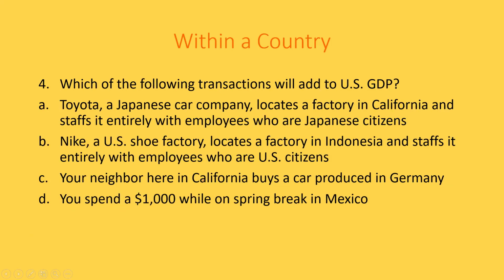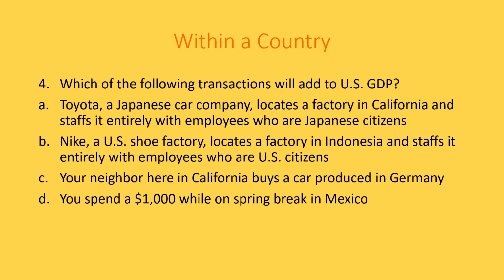Moving on, remember what we mean by within a country. It has to happen within the geographic borders of a country to be included in GDP. So let's take a look at these answer choices when asking which of the following transactions will be added to US GDP. Toyota, a Japanese car company that locates a factory in California and staffs it entirely with employees who are Japanese citizens.